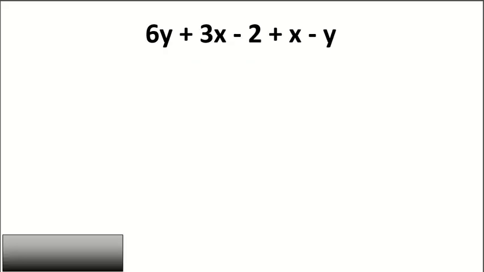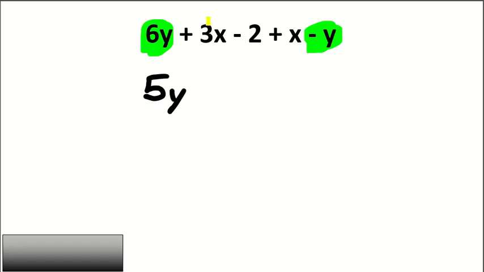Here's another example. Can you count how many terms there are? 1, 2, 3, 4, 5. We have 5 terms. So let's go ahead and combine the terms that are alike. I got a 6y right there, and I got a minus a y right there. So if I have 6 y's and I get rid of 1 y, I now have 5 y's.